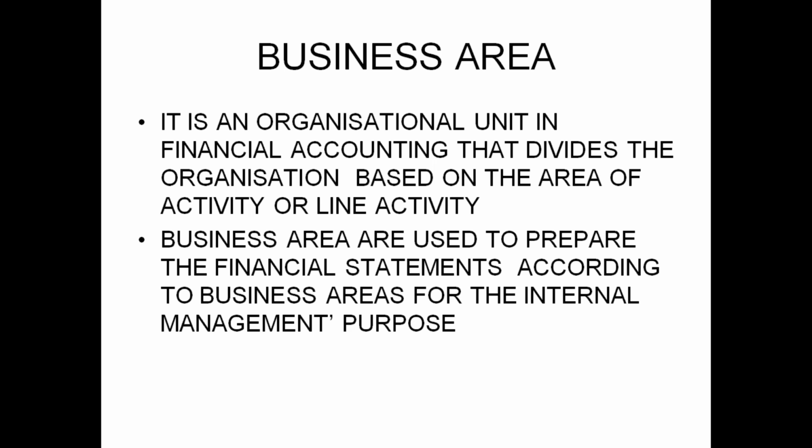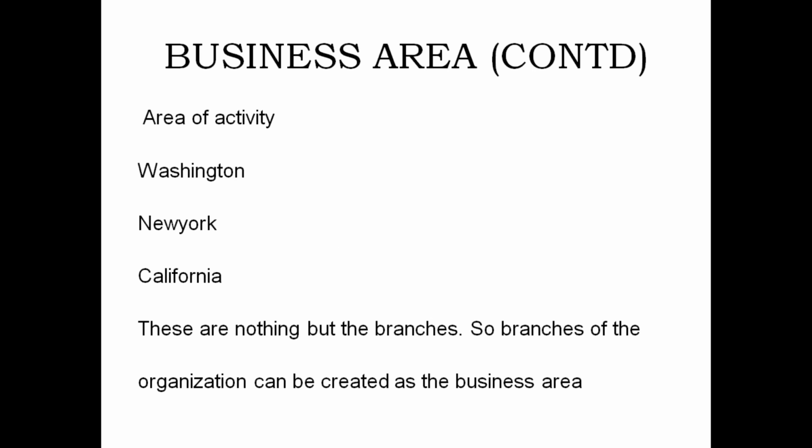So we can create the business area on the basis of area of activity. According to your location, you can create your business area. It could be Washington, New York, California, and these are nothing but the branches. So the branches of the organization can be created as a business area.